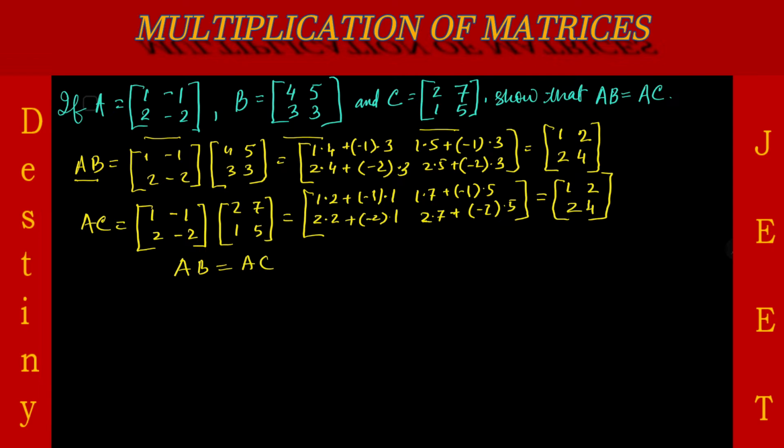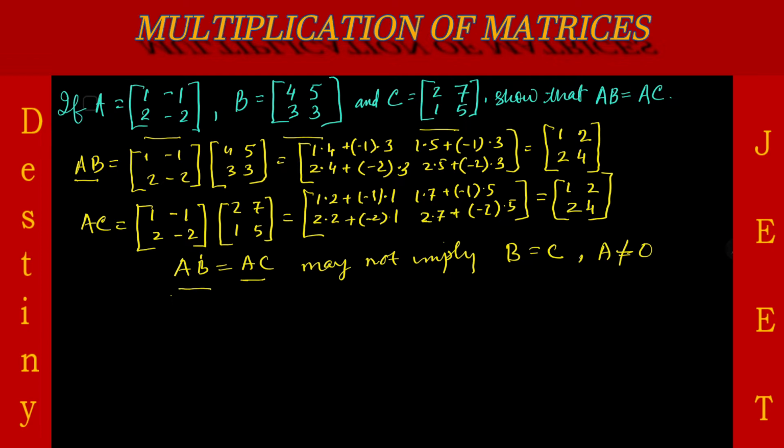Now from this above result, what do we get? We see that the cancellation law for multiplication of matrices may not hold true. That is, here we see that AB is equal to AC, but it may not imply that B is equal to C, even when A is not equal to 0.